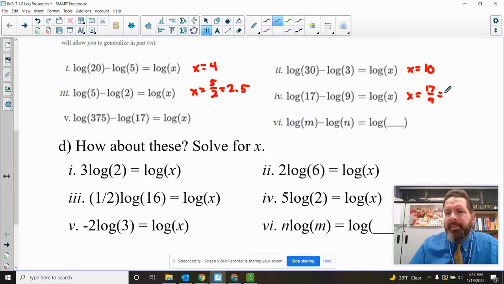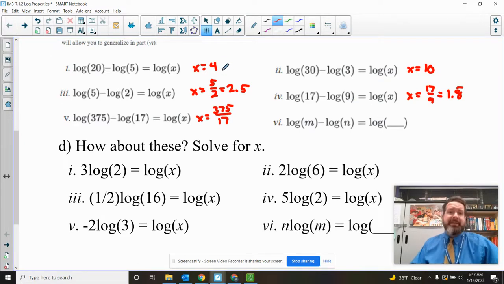Yep. So 1.8 repeating. Over here, let's see, does that come out nicely? Nope. Okay. So once again, it would be a fraction, 375 over 17, which as a decimal is just 22.05, on and on. It just goes on for a while.